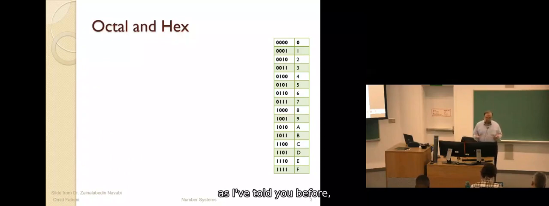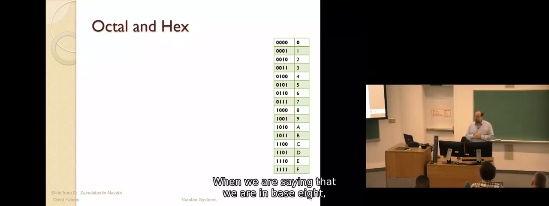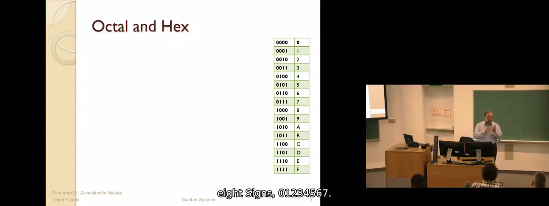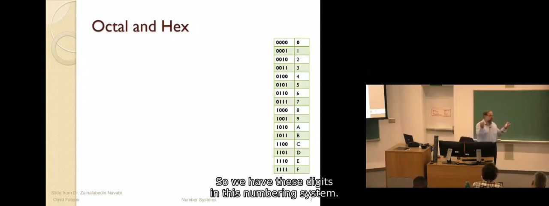As I've told you before, when the base is something, then it means that we have that number of digits in that numbering system. When we are saying that we are in base 8, it means that we have 8 digits, 8 signs: 0, 1, 2, 3, 4, 5, 6, 7. So we have these digits in this numbering system.